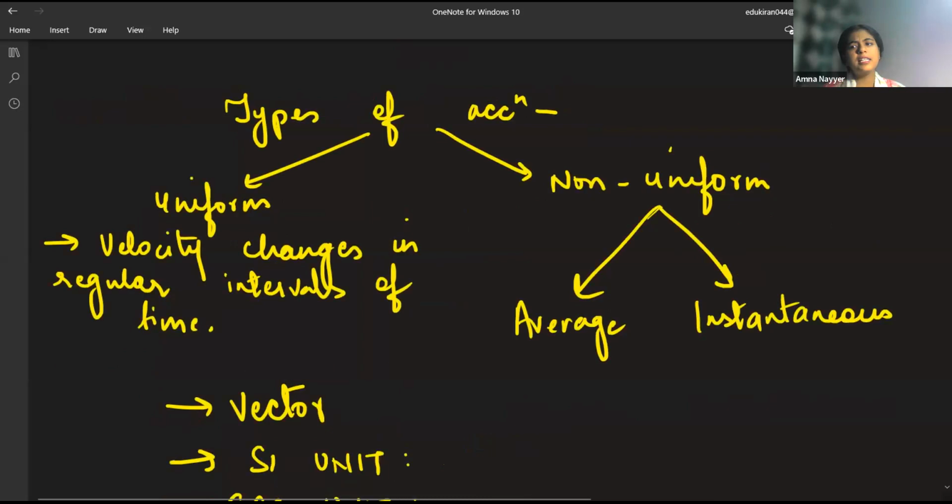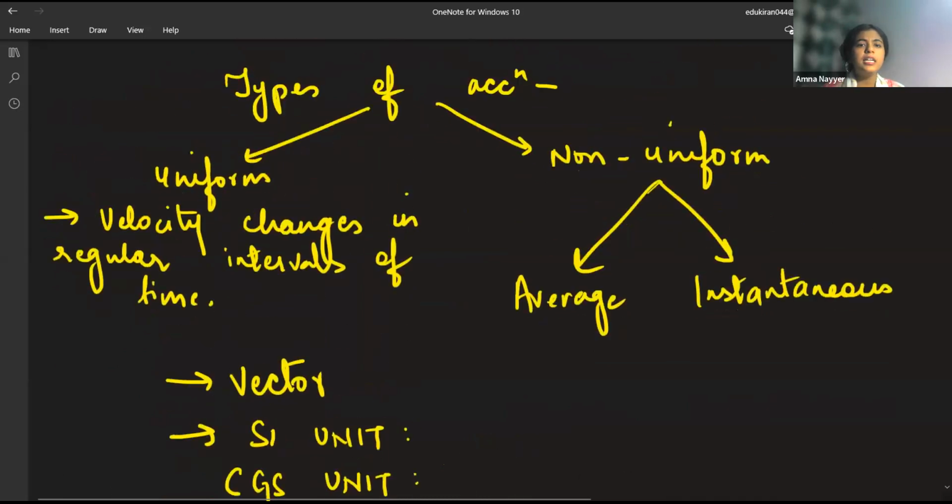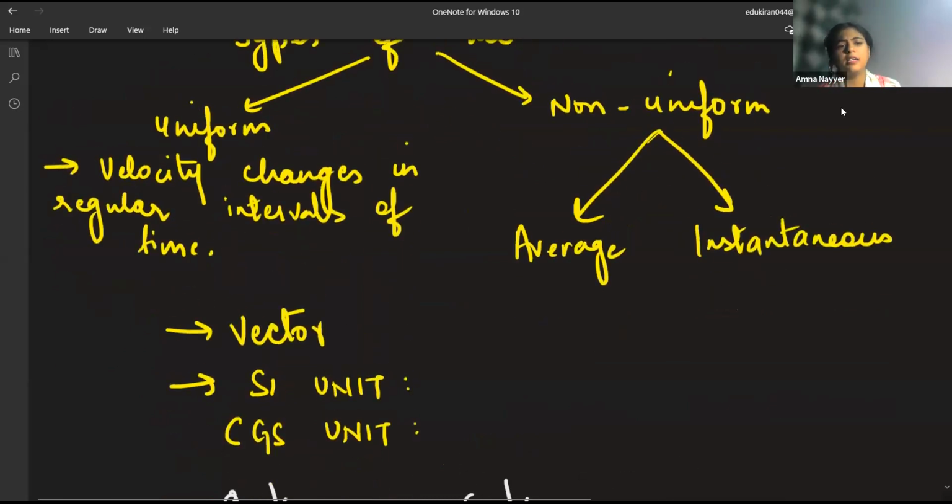Now, types of acceleration. When velocity changes at regular intervals of time, you get uniform acceleration. If it is non-uniform, the magnitude or the direction is changing with respect to time. Similarly, you have average and instantaneous. I hope by now this clarification must be there in your mind.